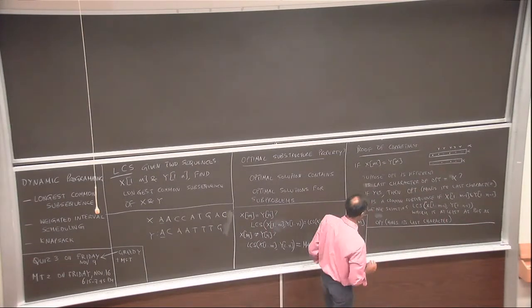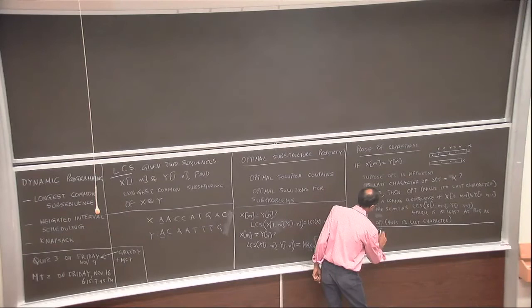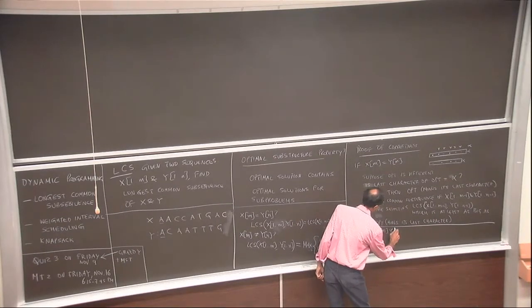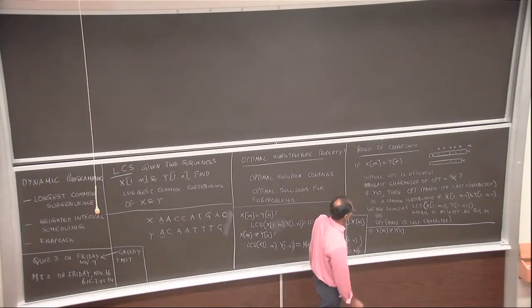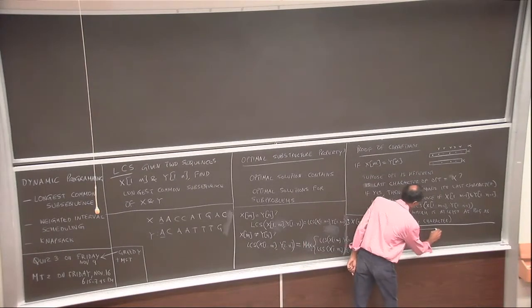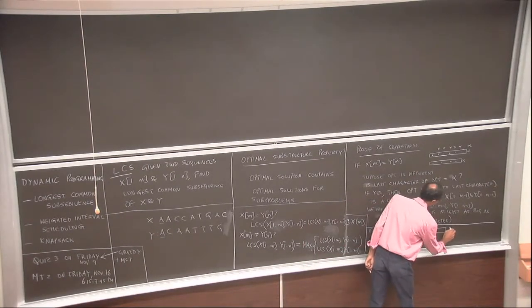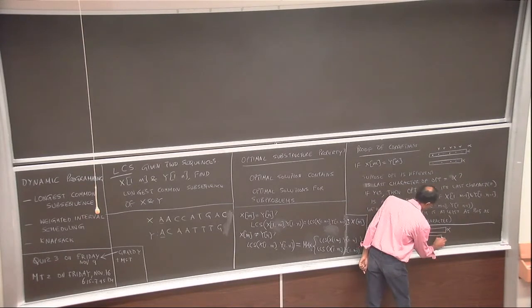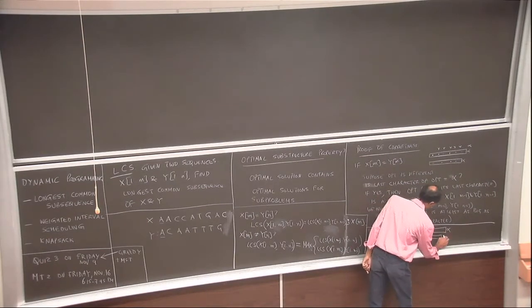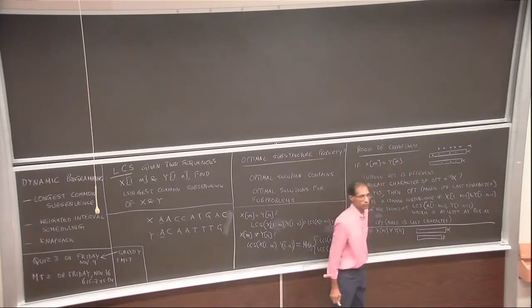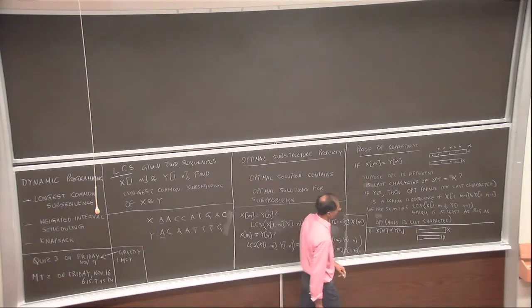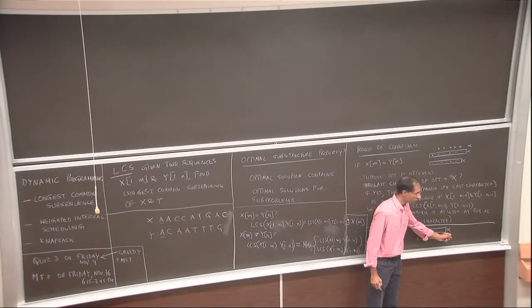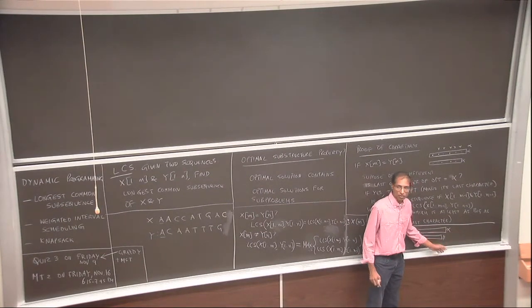If xm was not the same as yn, so the last two characters are different. This is alpha and this is beta. Then the optimal solution we are claiming either includes alpha or includes beta or includes neither.